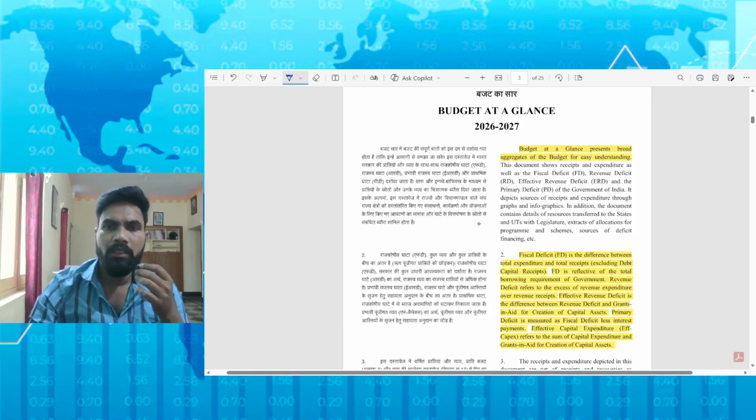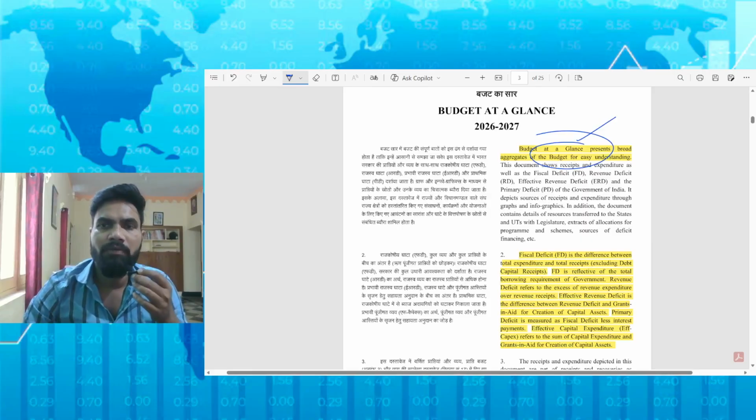You see, the Budget at a Glance document presents the broad aggregates of the budget for easy understanding, for people like you and me. It shows the receipts and expenditure of the government, as well as certain deficits like fiscal deficit, revenue deficit, effective revenue deficit, and primary deficit.